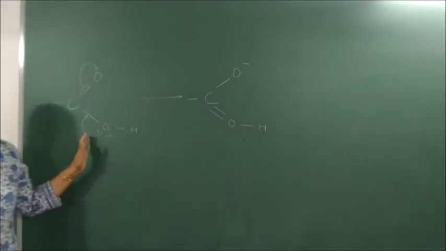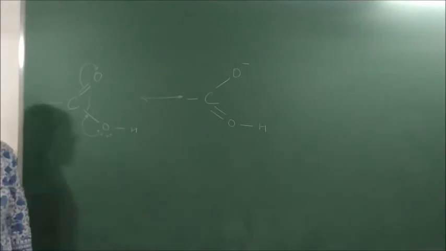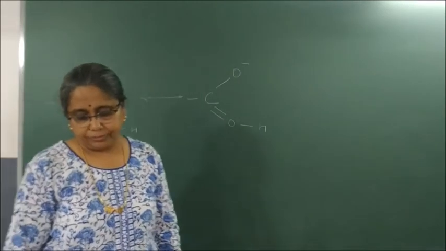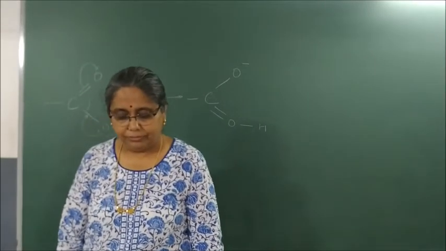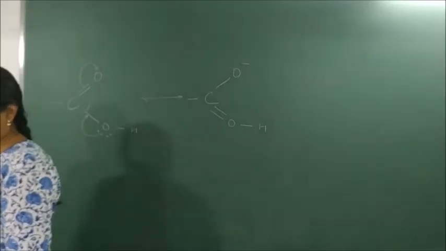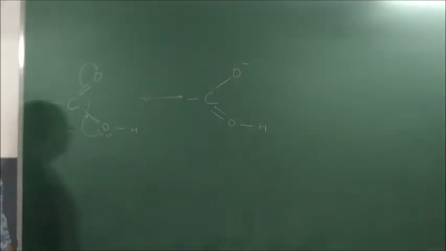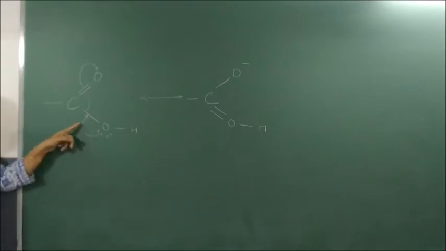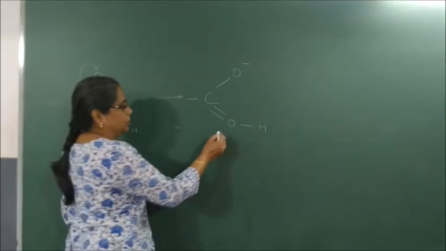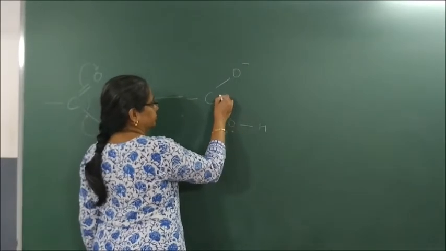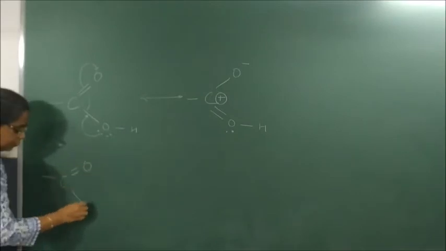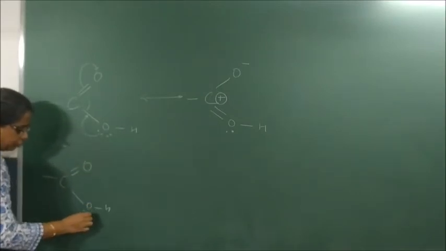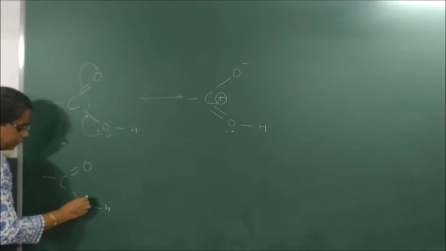Please write the first structure, then this as the second structure, then we will finally write this as the third structure. Your first structure will be something like this: C double bond O, single bond H with two lone pair electrons here.